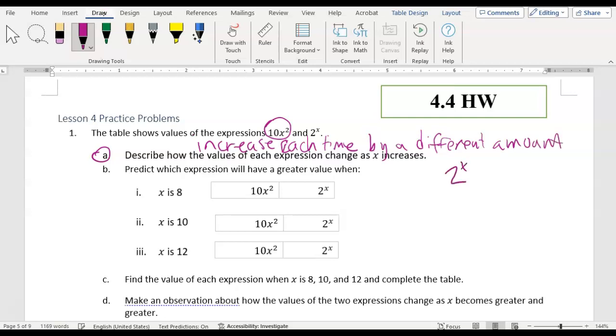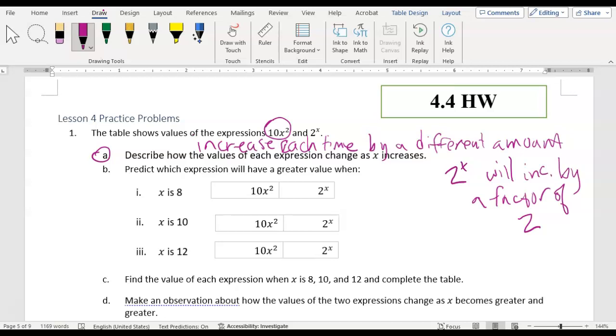Whereas 2 to the power of x will increase by a factor of 2.